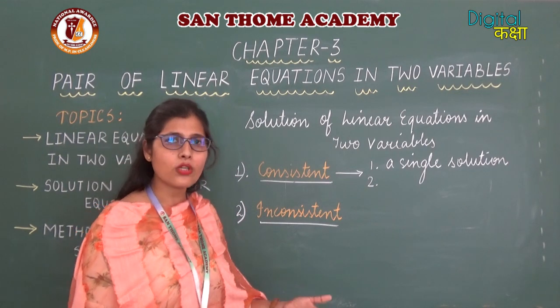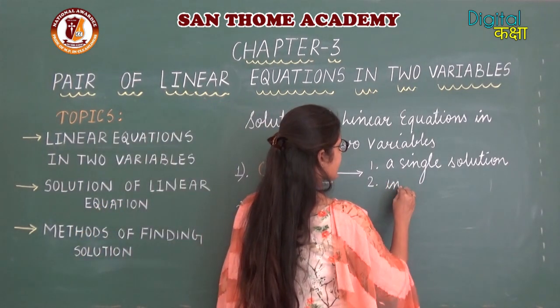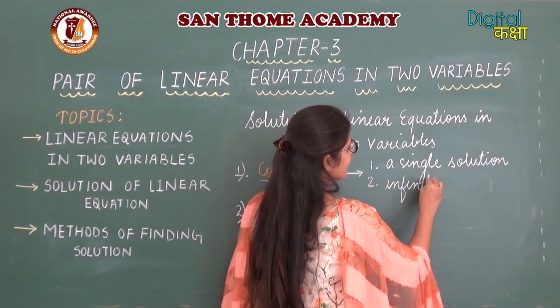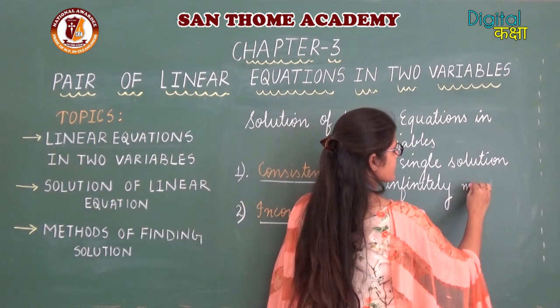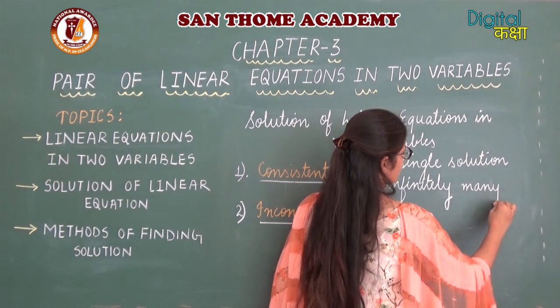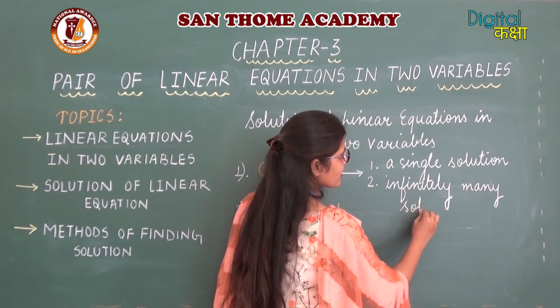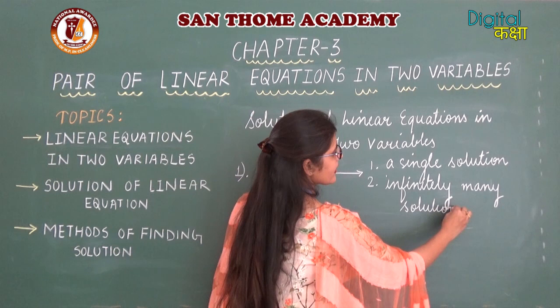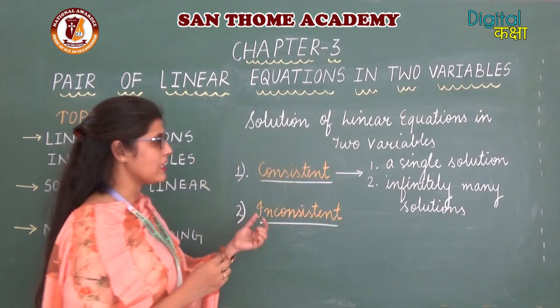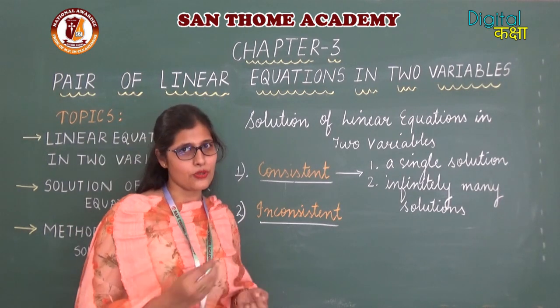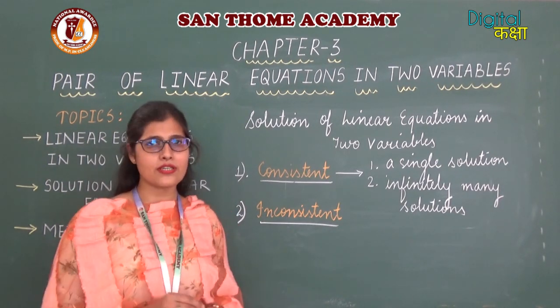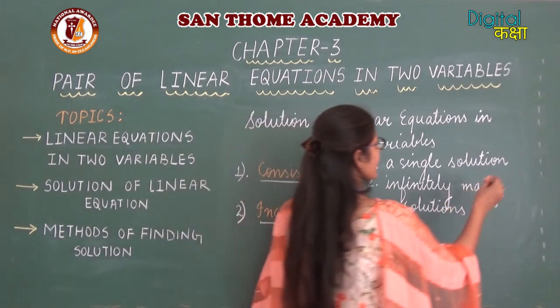You can get many solutions. So when you are getting infinitely many solutions, then also the pair of linear equations will be called consistent. Now when you are getting only one solution, such kind of solution is called a unique solution.